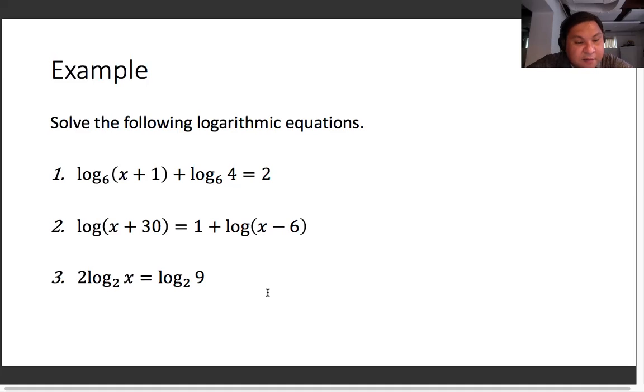And finally, number 3: 2 logarithm of x to the base 2 is equal to logarithm of 9 to the base 2. If you would like to try this on your own, you may pause the video right now, try solving it, and then unpause the video and check your answers with the solution I will be presenting.